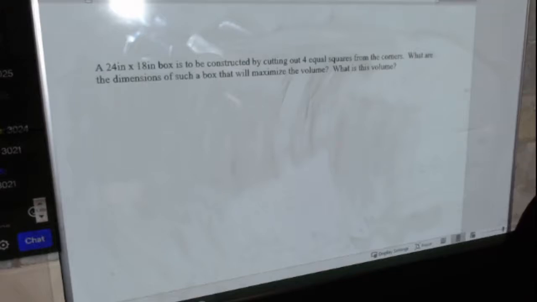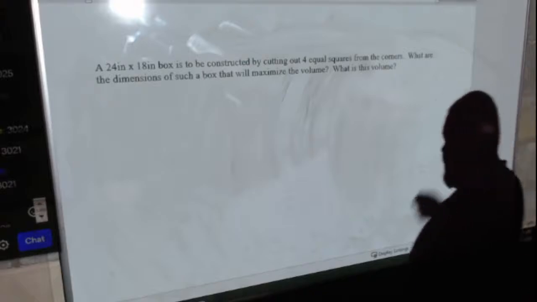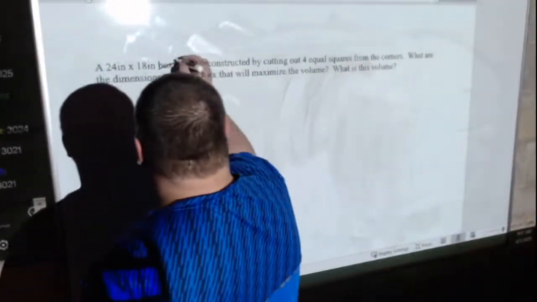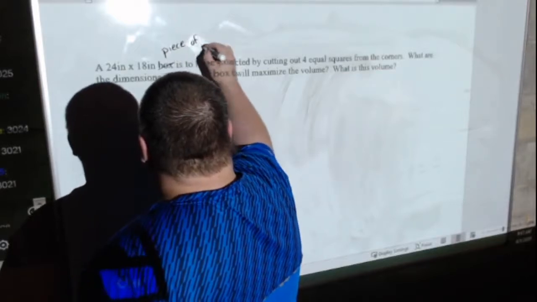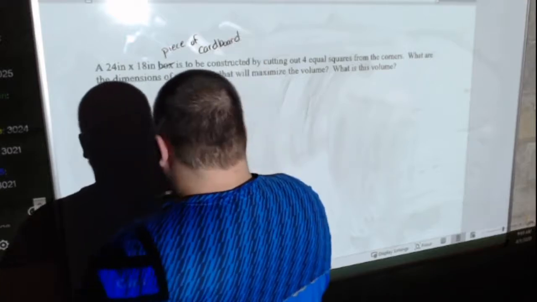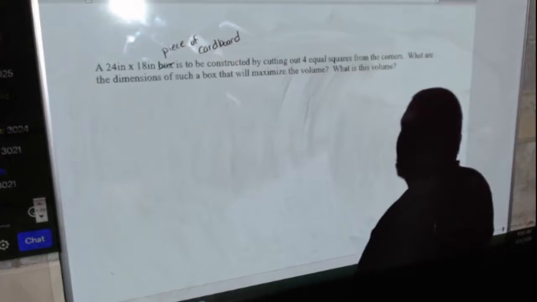So this says 24 inches by 18 inch box, all right, so let me change that wording. That should be, instead of box, let's say piece of cardboard. So we've got a sheet of cardboard. It's 24 by 18.